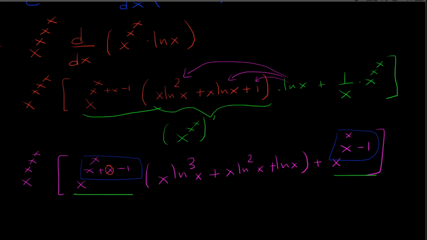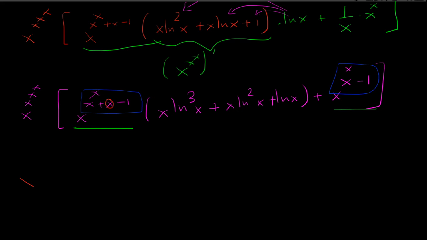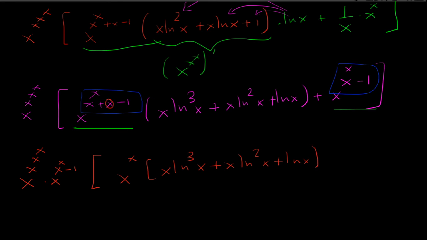So we're going to factor out the smaller one. So that would just be x to the x minus 1. What remains, we said, is the x to the x times x ln cubed plus x ln squared plus ln of x and plus 1.